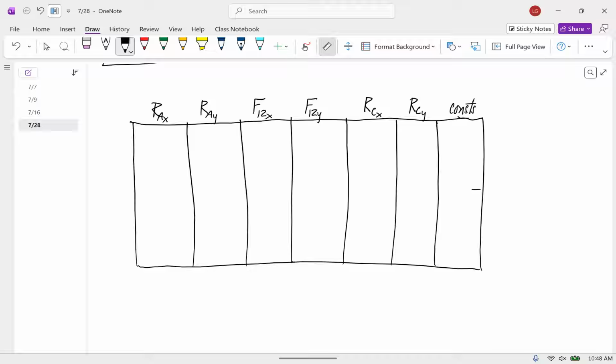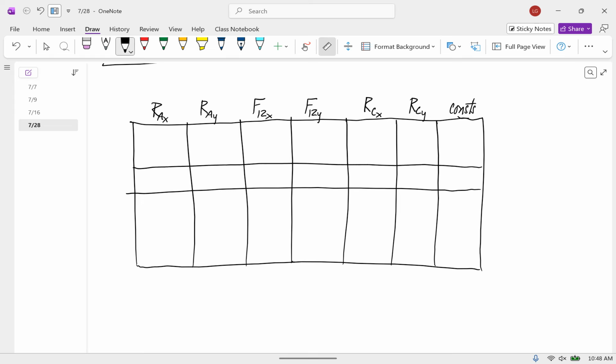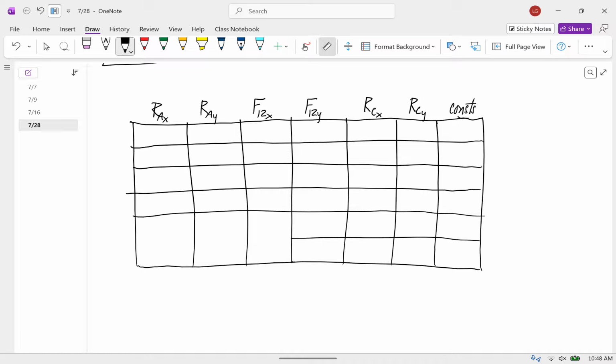And now I'll split this up into 6 rows, 1 row for each equation. So this represents equation 1, 2, 3, 4, 5, 6.